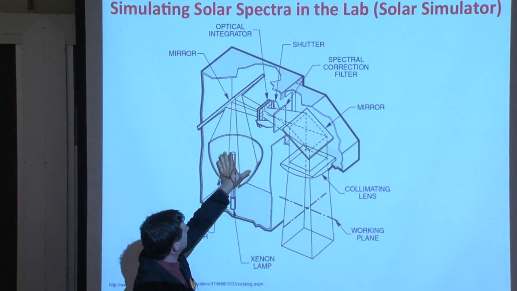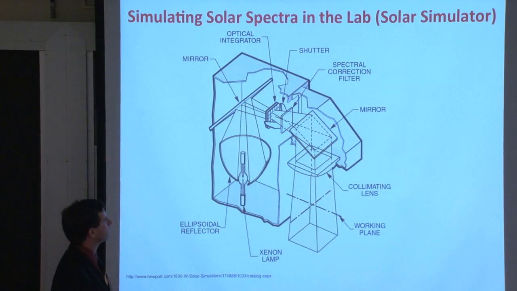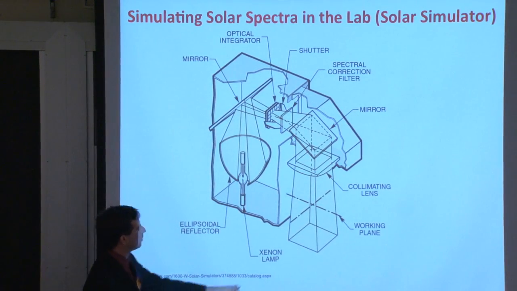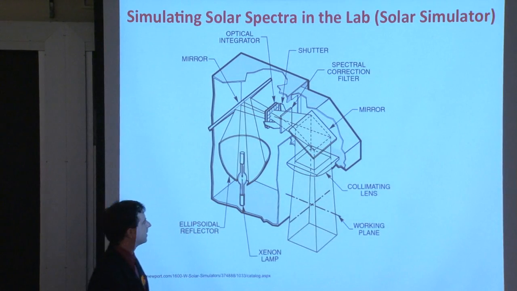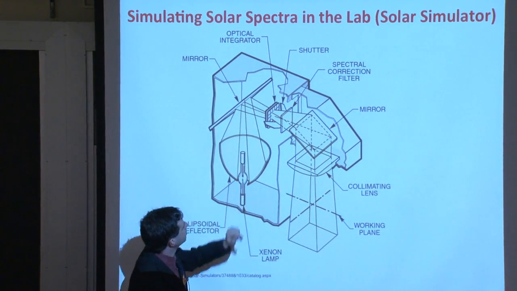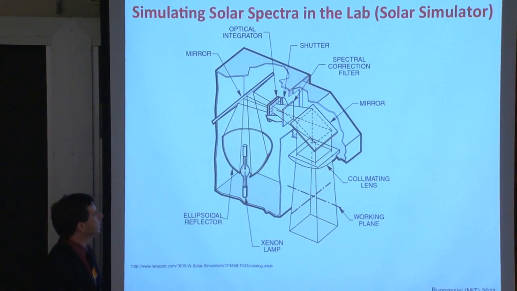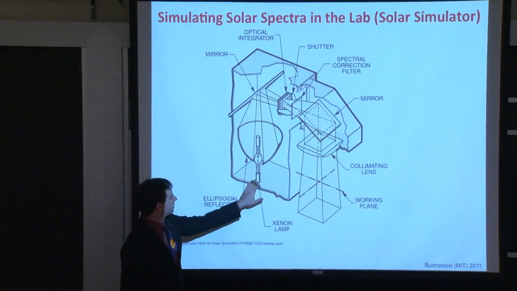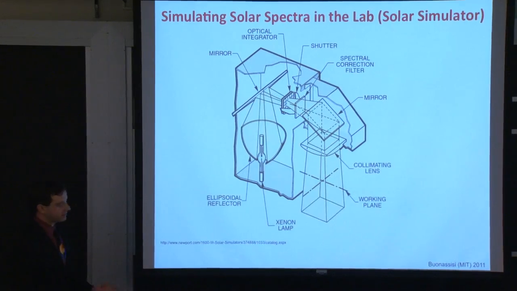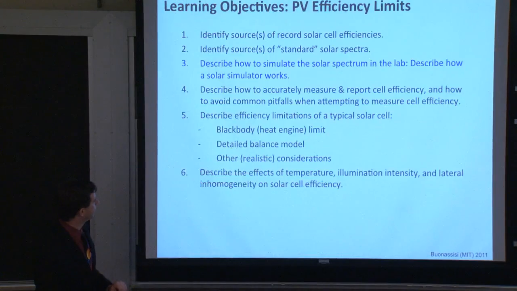Mirrors, essentially a series of optics to create the right form factor of the light and ultimately work our way toward a planar incoming beam. And what's called a spectral correction filter, which is right in the middle of the optics train, and that's essentially to correct for variances between the emission of the xenon arc lamp and the ASTM solar spectrum as defined right here.